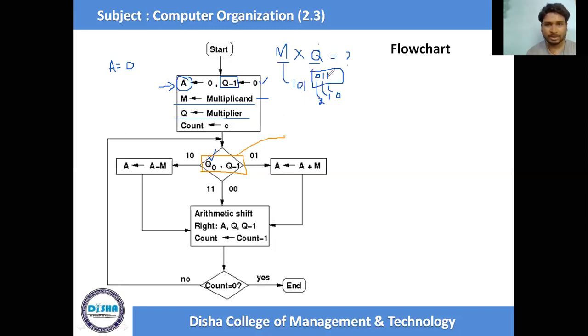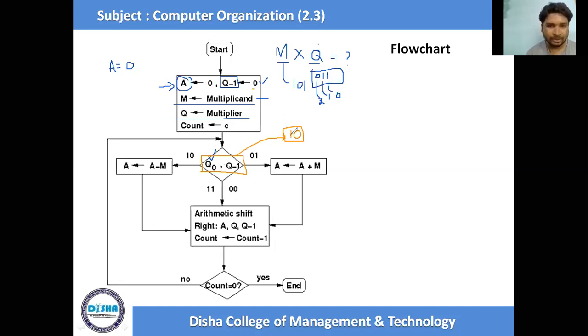So in this case, q0 is 1 and q minus 1 is 0. After taking this combination of q0 and q minus 1, we check what value we are getting.